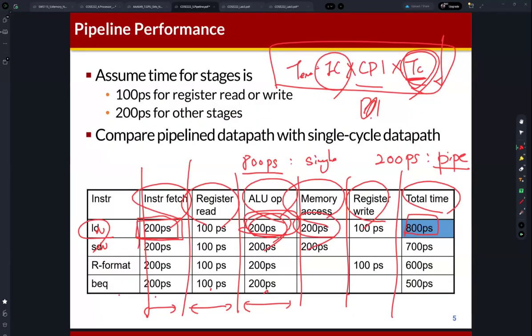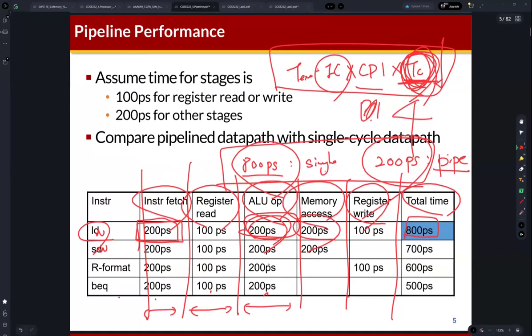And for the single cycle processor, the CPI is also 1, right? So what is the speed up? The speed up is 4. For the single cycle processor, TC is 800 picoseconds, and for the pipeline processor, TC is 200 picoseconds. So only this part is different.